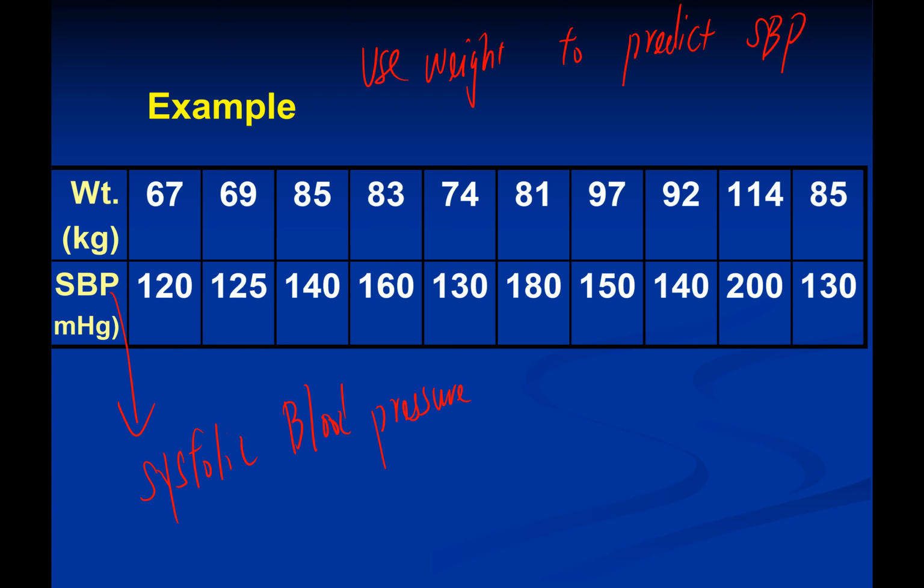So obviously weight is the independent variable, and systolic blood pressure is the dependent variable. Systolic blood pressure depends on the weight.